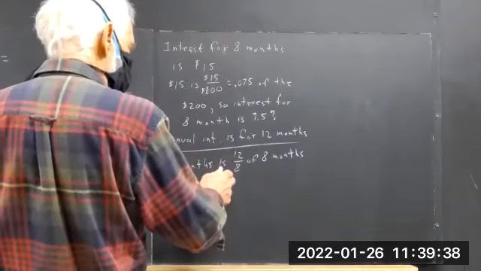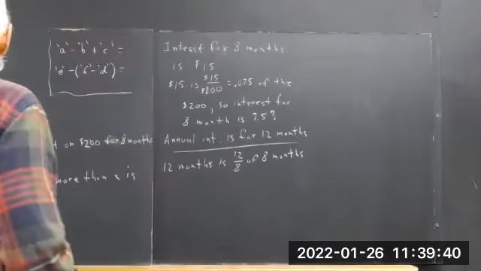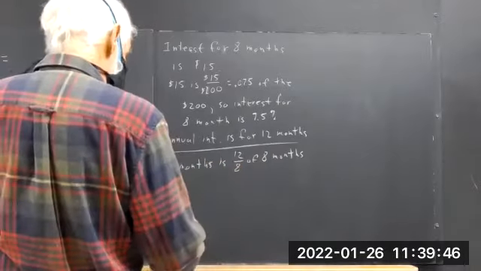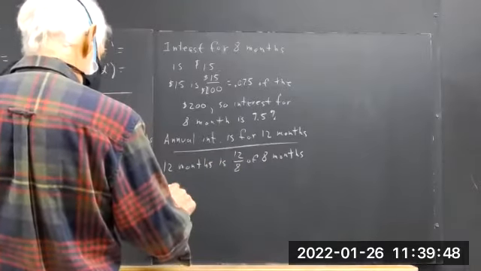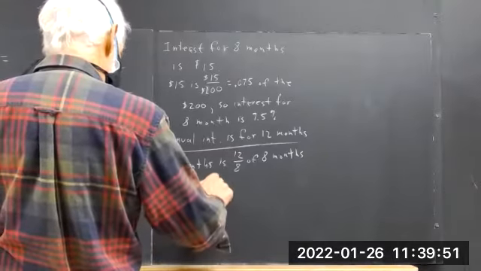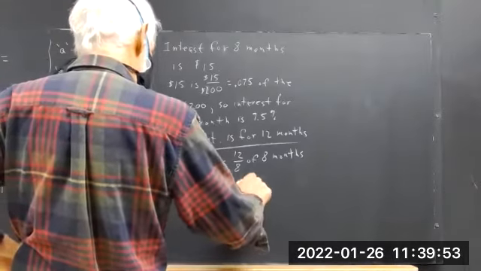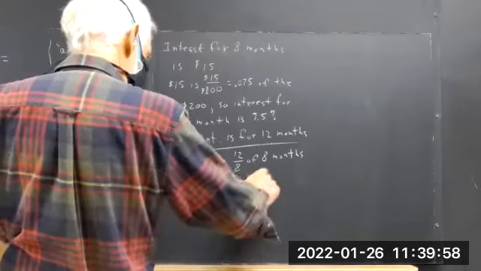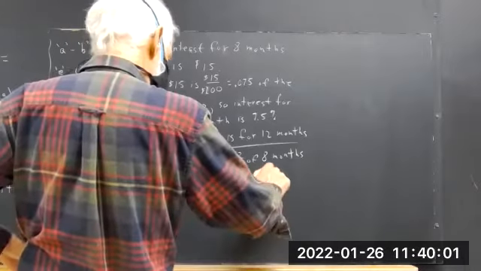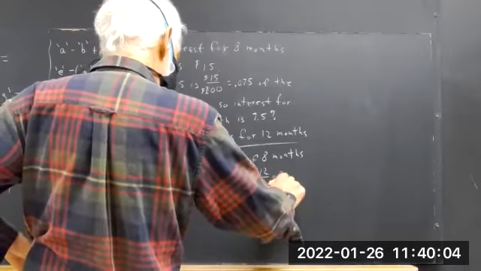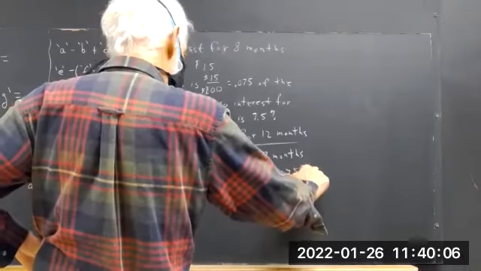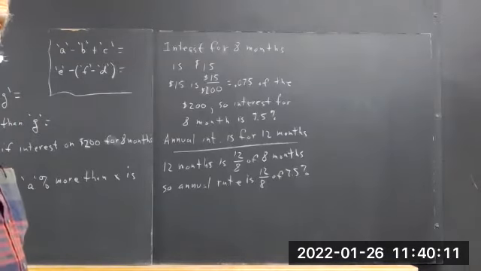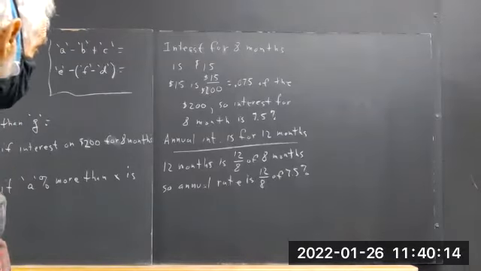So if we multiply this 12/8 by the 7.5%, we're going to get our annual rate. Twelve eighths of 7.5%. Okay.